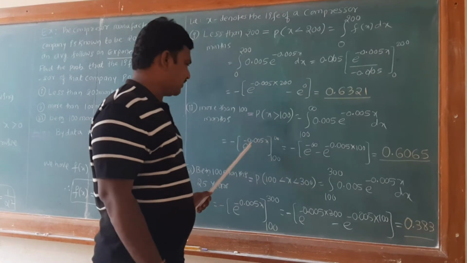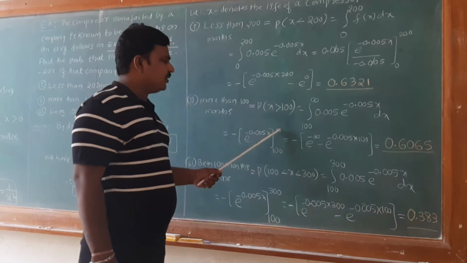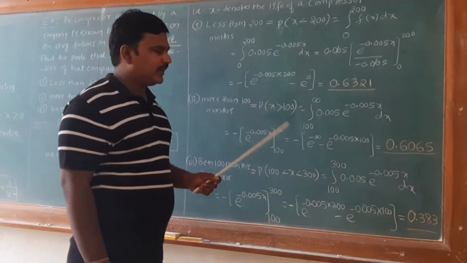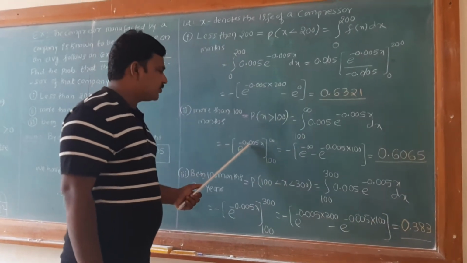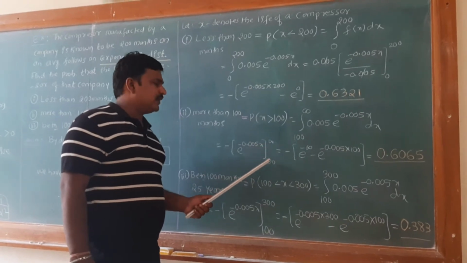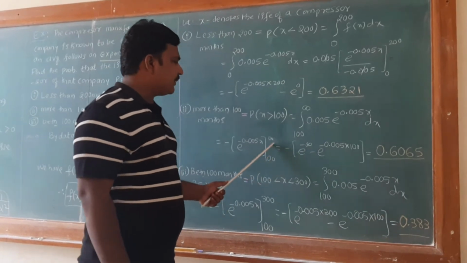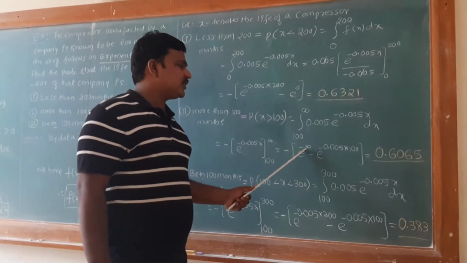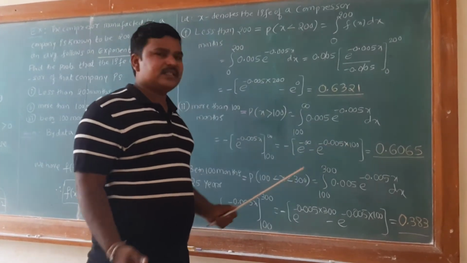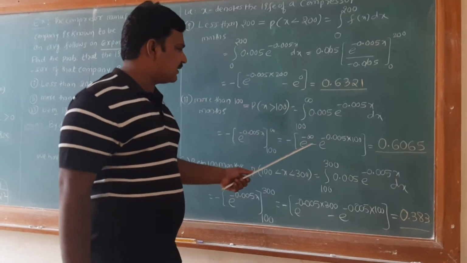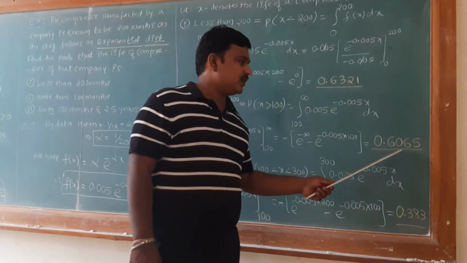Now we integrate this function. The simplification is the same as before, with limits 100 to infinity. Here also 0.005 and minus 0.005 cancel, leaving minus of the bracket e raised to minus 0.005 x, with limits 100 to infinity. Substituting the upper limit, infinity, and the lower limit: minus of e raised to minus infinity minus e raised to minus 0.005 times 100. e raised to minus infinity is 0, and the minus signs cancel. So this becomes 0.6065.